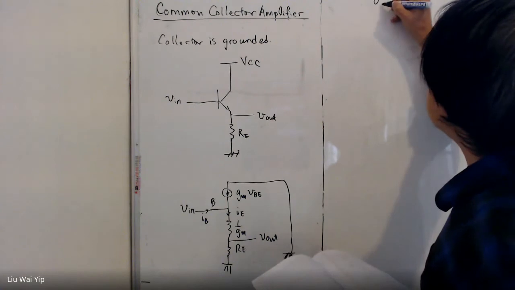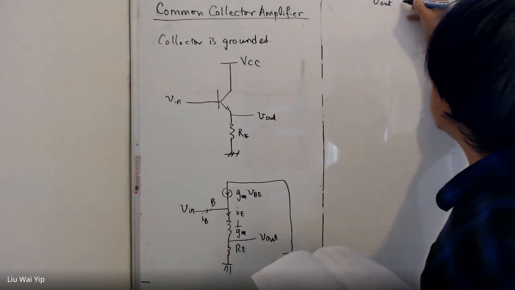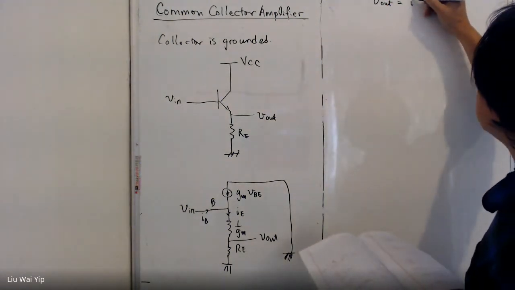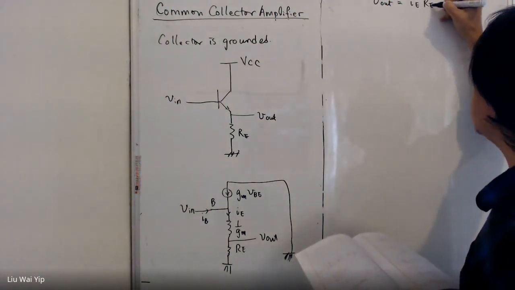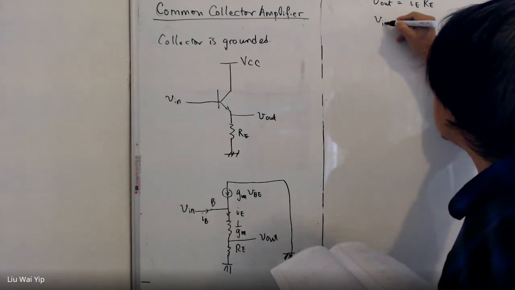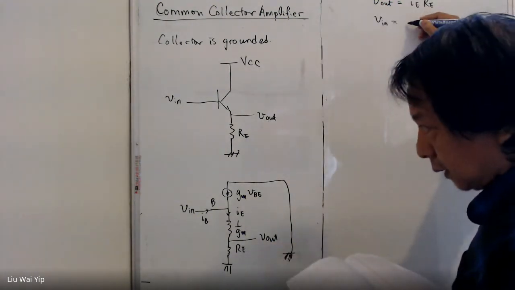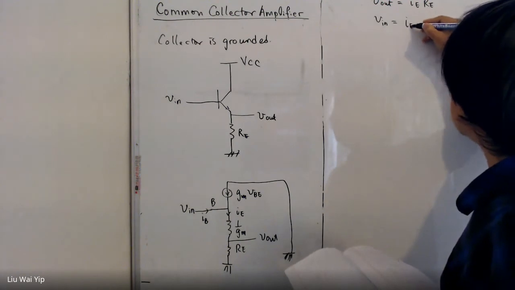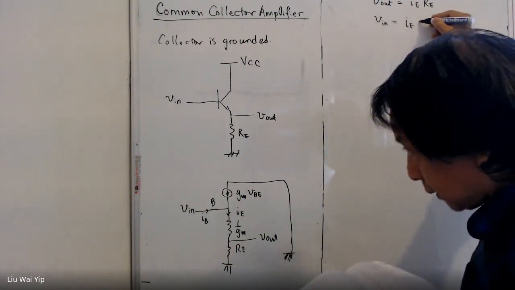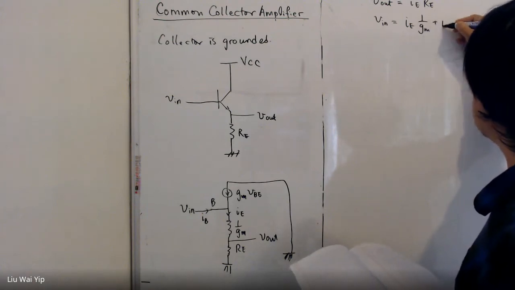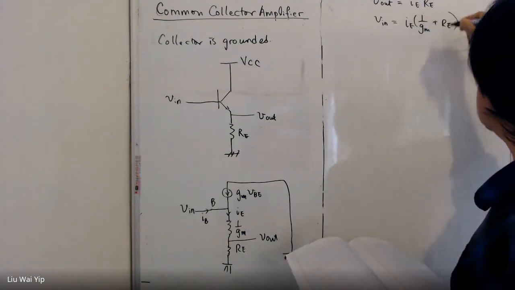Vo is equal to IE times RE, and Vin is equal to IE times (1/gm plus RE).